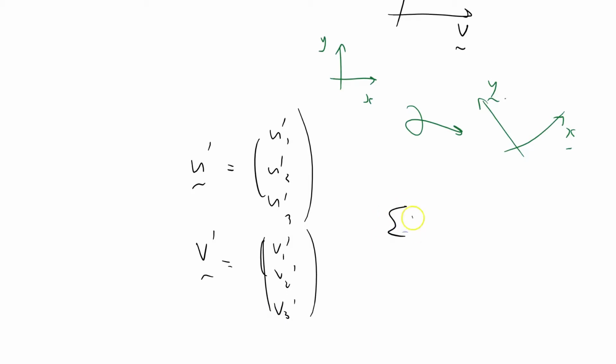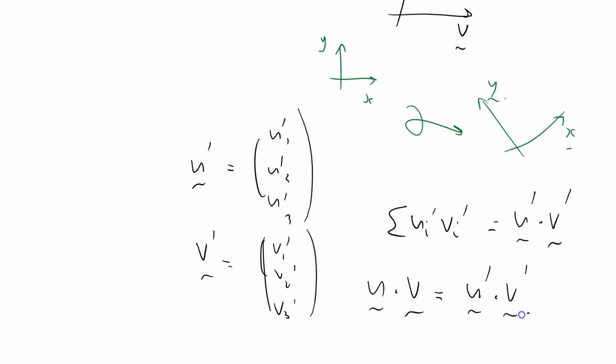We hope that sigma ui dash vi dash, which is u dash dot v dash, equals u dot v.